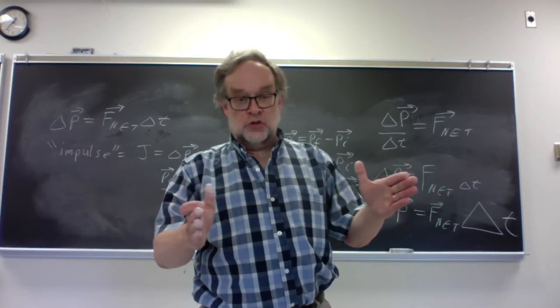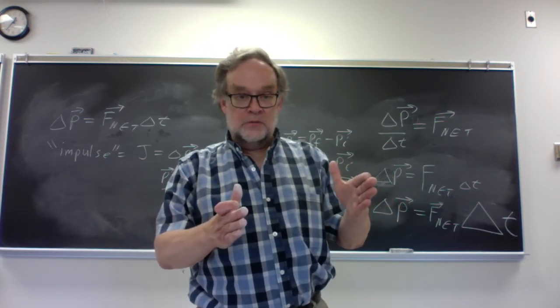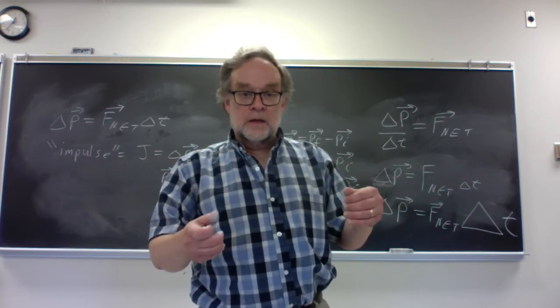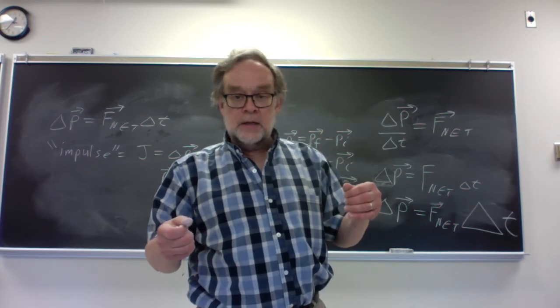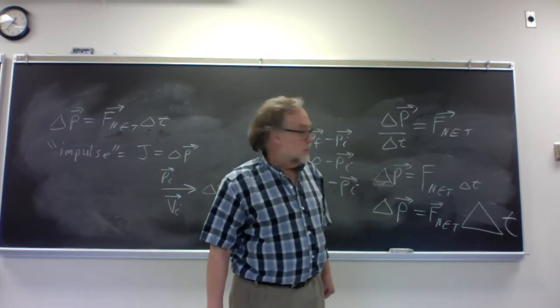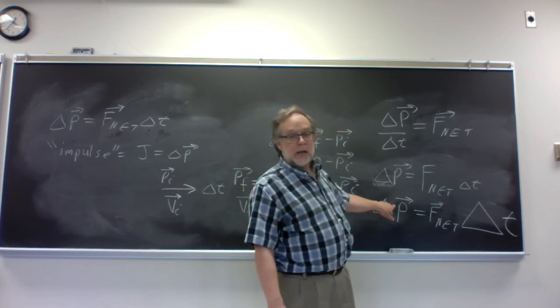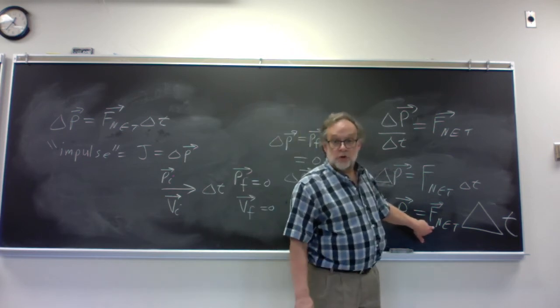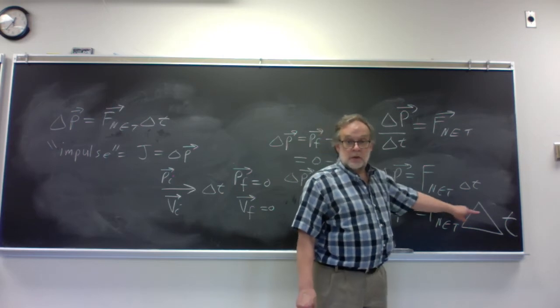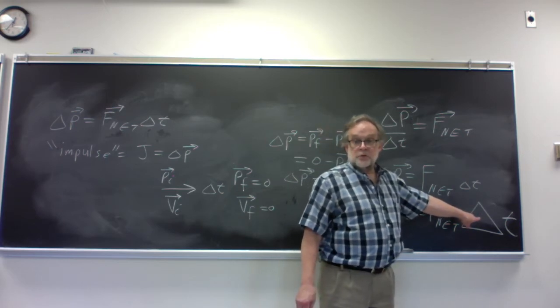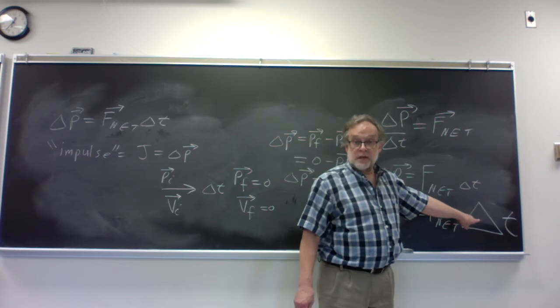You squish the surface for a little while, a few milliseconds longer, and so that way the same momentum change can happen with a weaker force pushing back on you, because the force is acting for a longer period of time.